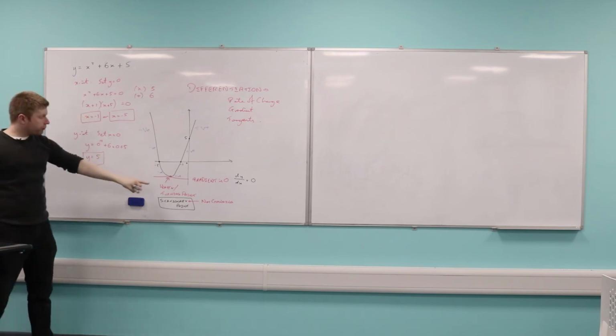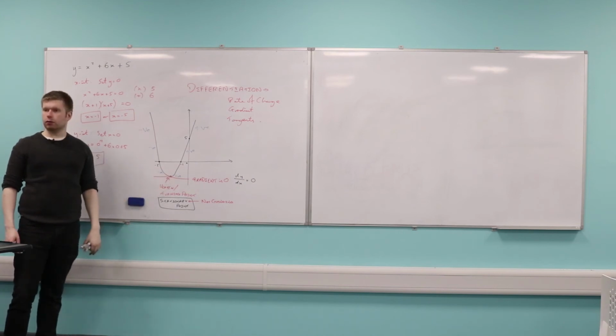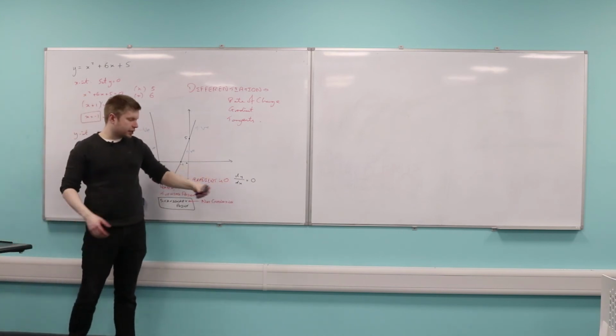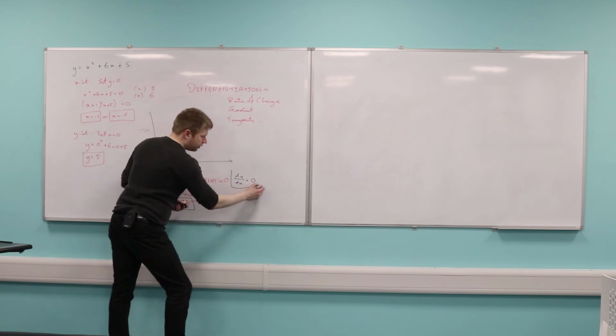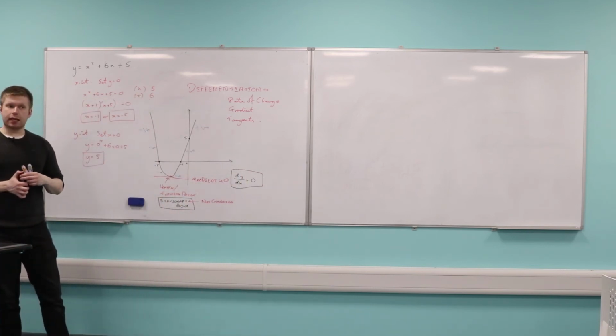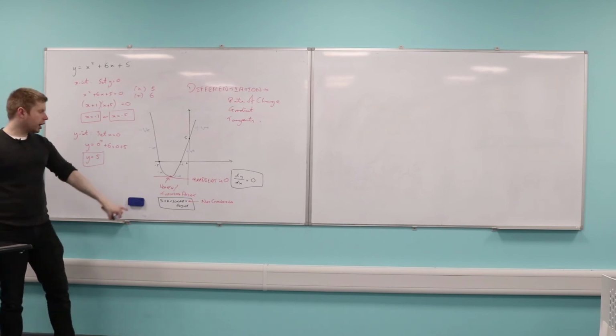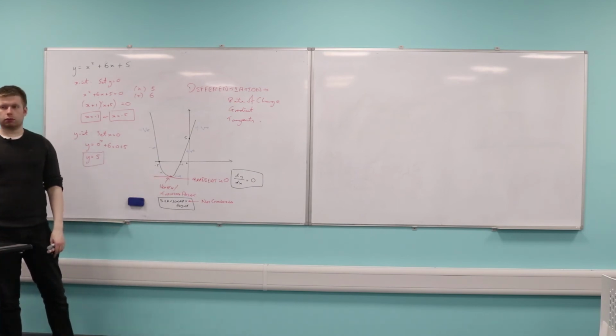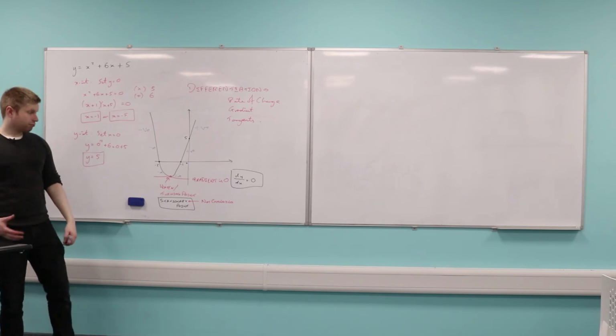I want to find this point using differentiation. So I should differentiate it, set it equal to 0, solve that equation, and I should find my stationary point. Does that make sense?